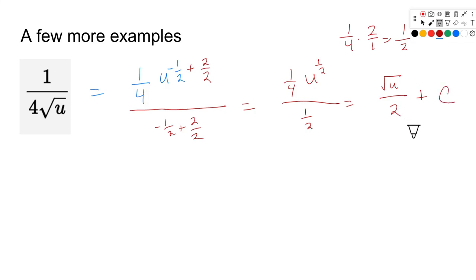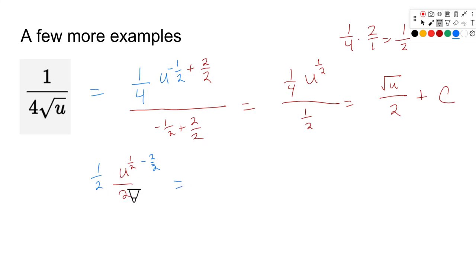What do I need to do to make sure that this is correct? Take the derivative. So I'm going to rewrite this as u to the positive 1/2 over 2. And I'm going to take its derivative. No, I'm first going to multiply by the exponent, right? I'll multiply by 1/2. Then I'm going to subtract 1.